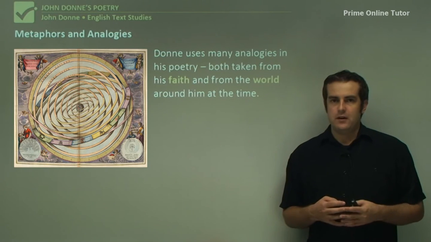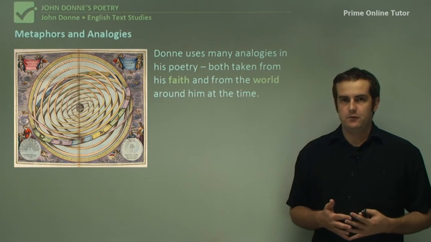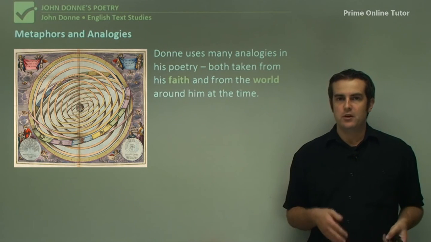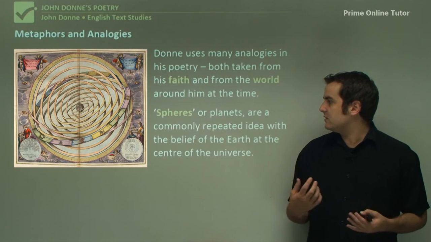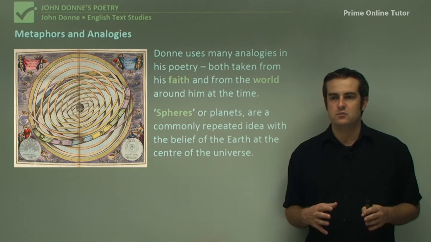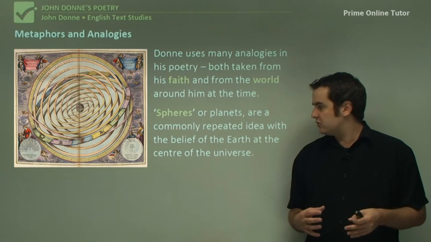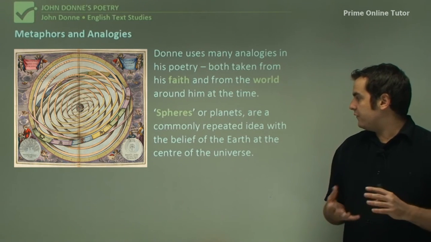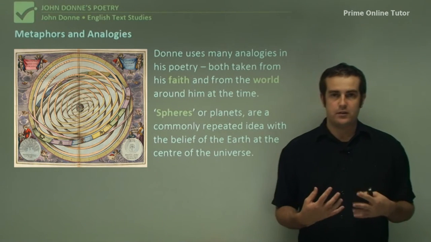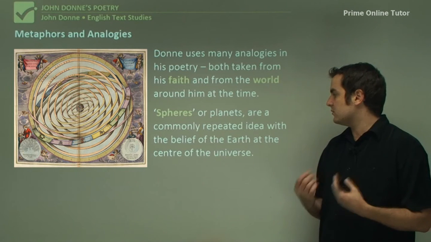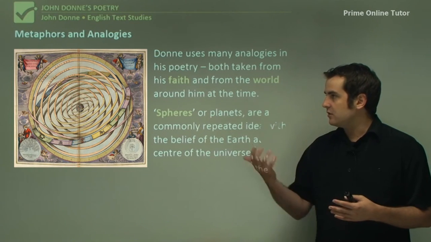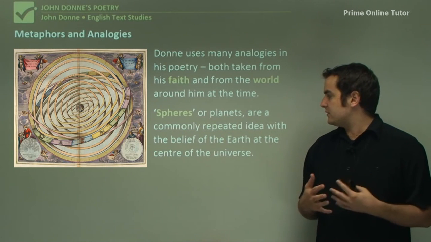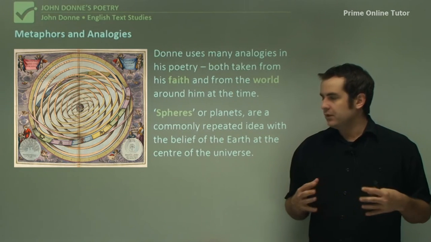Now, to start with, there are a lot of obviously religious metaphors and analogies, which I'm not going to go into all of them. The most key one, I guess, is this idea of spheres, the Earth being the center of the universe. This was a very strongly held belief at the time, and you would see that in the artwork to my right, where the Earth is the center and the planets all move around it.